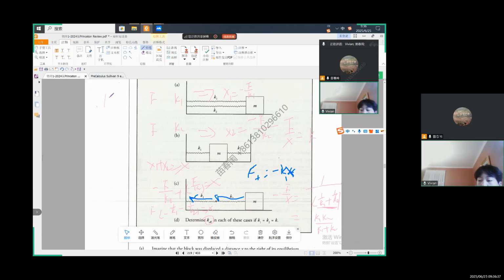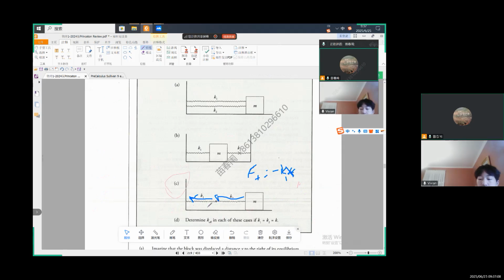Circuits, like electrical ones? Yeah. This is series, right? But if I do parallel like that, do you remember? Oh, I don't think I learned this. Oh, then okay, we will learn it in the future. Anyway, the K effective would be K1 times K2 over K1 plus K2.